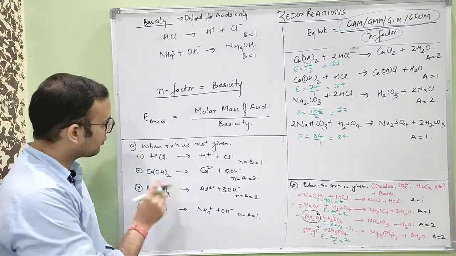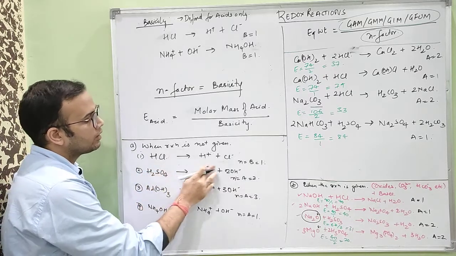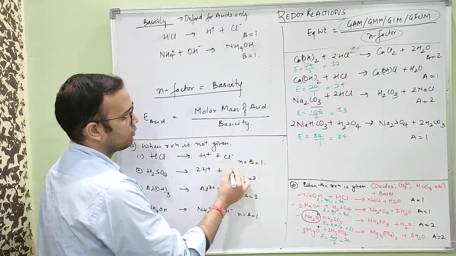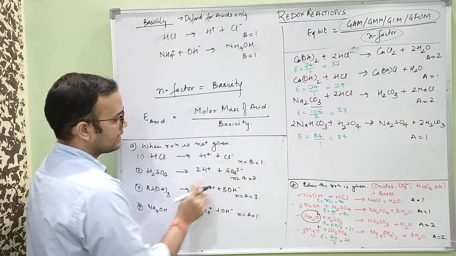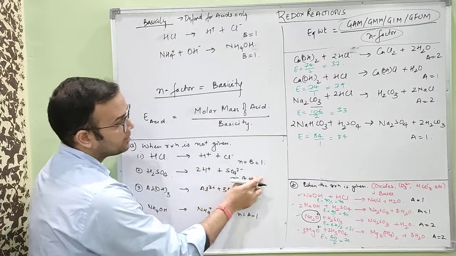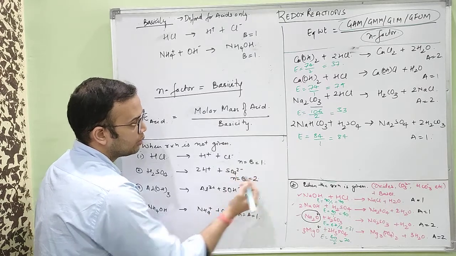More examples. Let's take H2SO4. It will give 2 H plus ions and 1 SO4 2 minus. So it is giving out 2 H plus ions per mole of this. That means the N will be equal to 2.